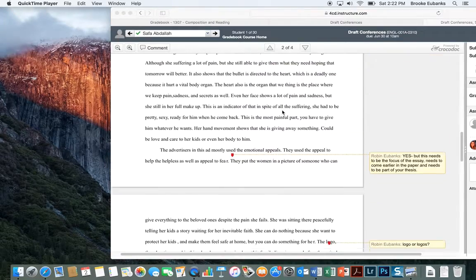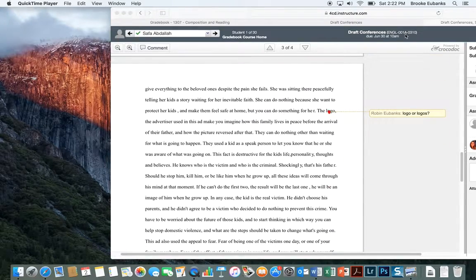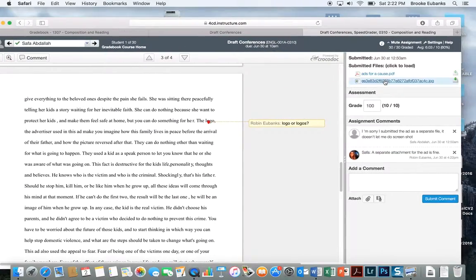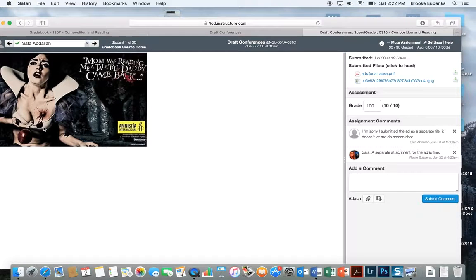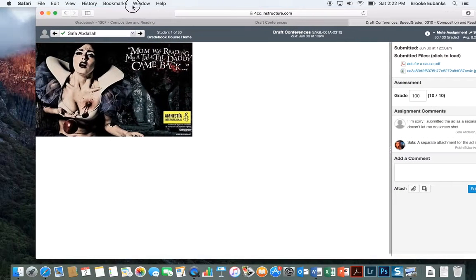When we look at the ad that this writer has given us to look at, you will see that she has a specific read on it: "Mom was reading me a tale till Daddy came back," and it's Amnesty International.